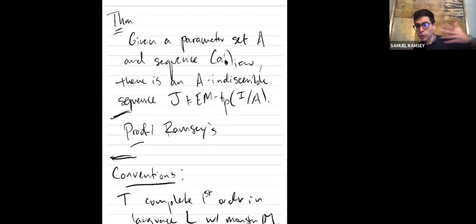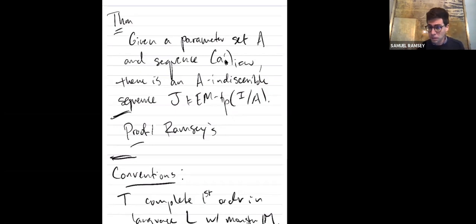So last time we gave a proof, which was by Ramsey's theorem. So what was the argument? Well, you can write a partial type, which says I'm A-indiscernible and I satisfy the EM type. And any finite subset of that partial type will only talk about finitely many formulas. And those finitely many formulas give you a way of cooking up a coloring of the sequence that you were given, based on which of the formulas in that finite set are true or false on a given increasing n-tuple.